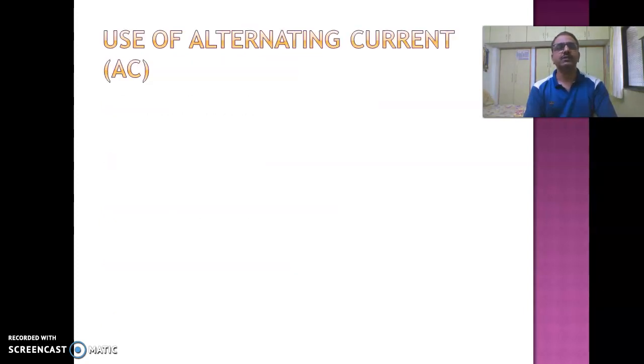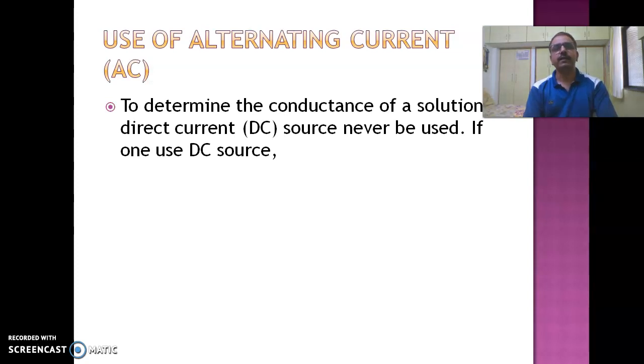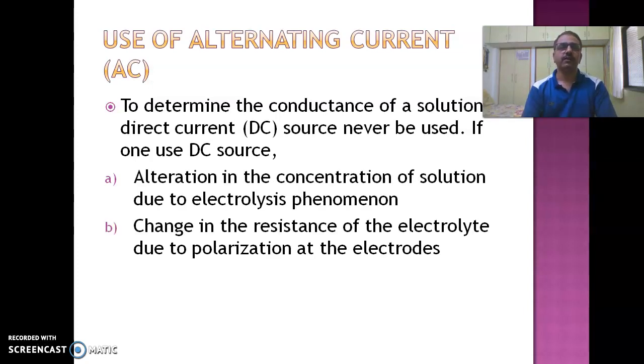First we will start with use of alternating current. To determine the conductance of a solution, direct current, that is a DC source, should never be used. If one uses a DC source, what will happen? The first thing that happens is an alteration in the concentration of the solution due to the electrolysis phenomenon.